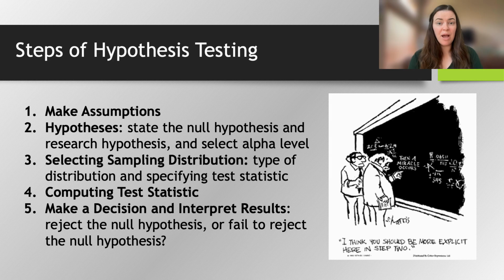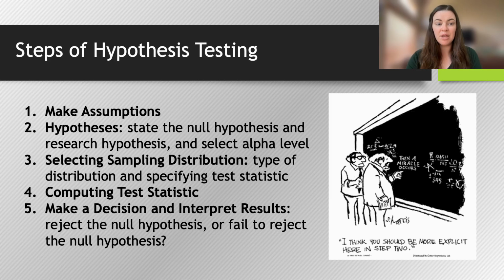As one last reminder, there are 5 general steps of hypothesis testing. This is the exact same slide you saw in the Part 1 video. Before we go into our two-sample tests, the very first step of our 5-step model is to make assumptions. This is going to look a little bit different for two-sample testing, but we'll get there in just a minute.